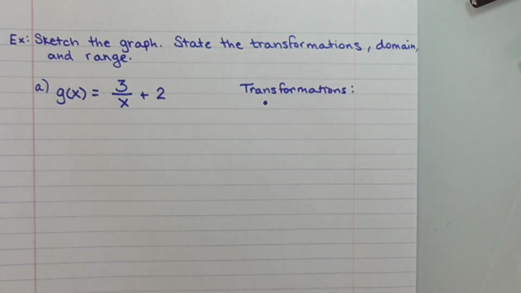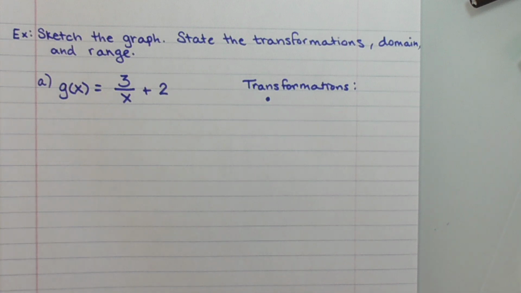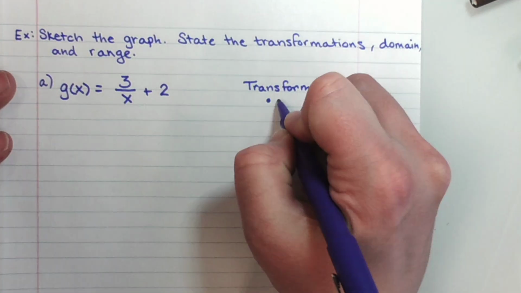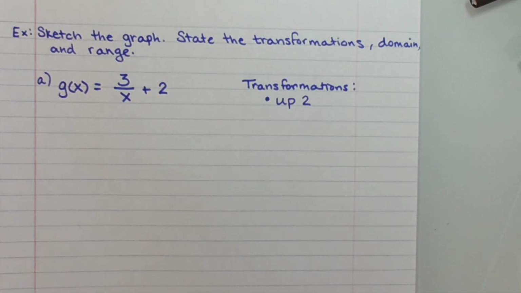First one, g of x is equal to 3 over x, plus 2. What do you see happen to this graph? Up 2. What else? Vertical stretch, factor 3.